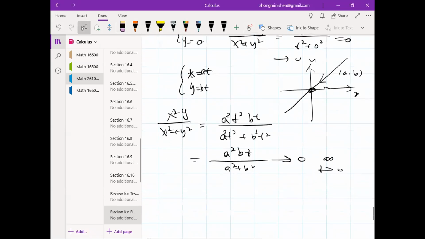You only guarantee that along each straight path toward the origin, the function approaches 0. So I conjecture, it's not a proof, okay?